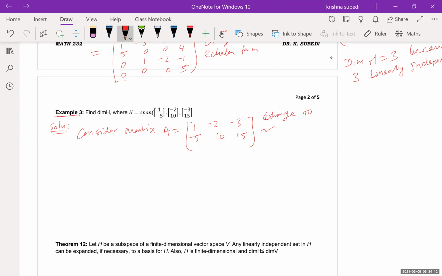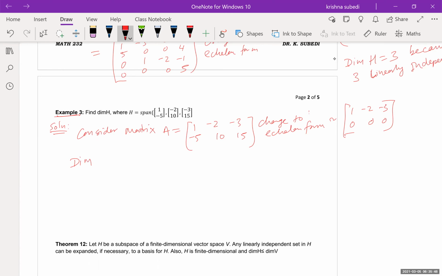Change to echelon form. And that's going to give me, since there is one pivot column, in other words, since there is one free variable, that means there is one linearly independent vector.